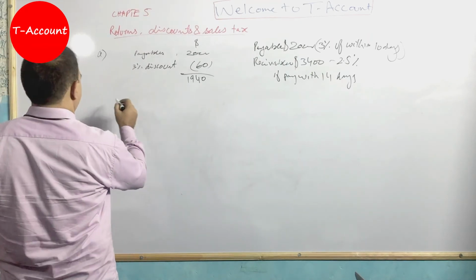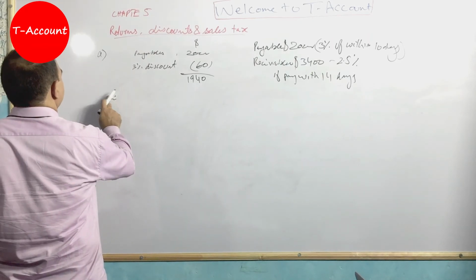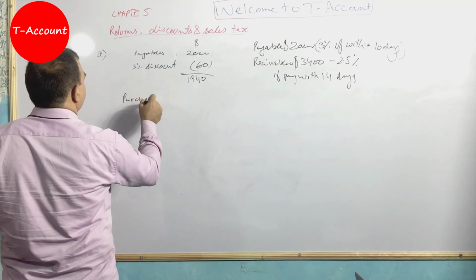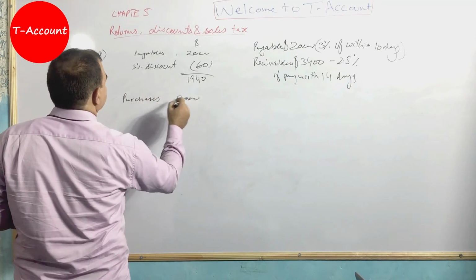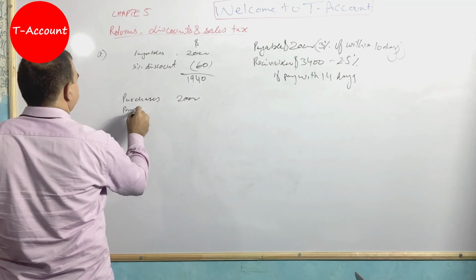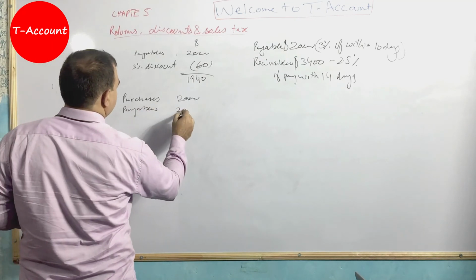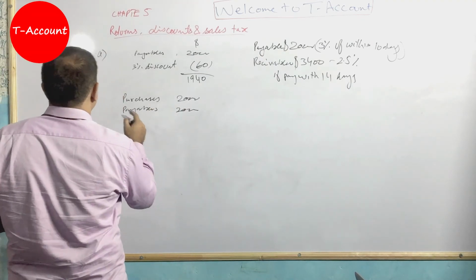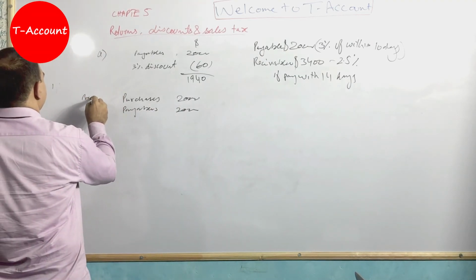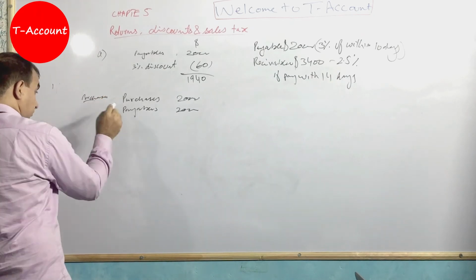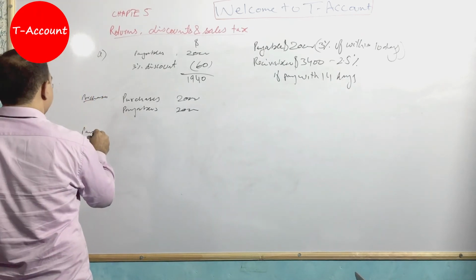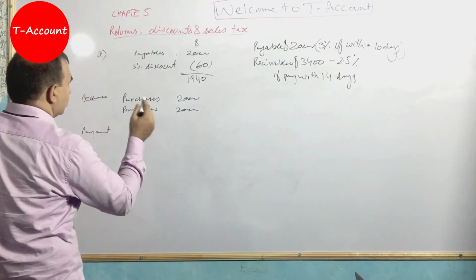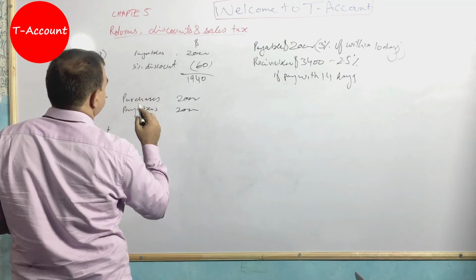Now, they booked it at the time of purchase like this. Purchase is 2000, to payables, Herbie, 2000. This is the purchase entry. Now, at the time of payment, they are paying within that time limit, so George will not pay the full amount.